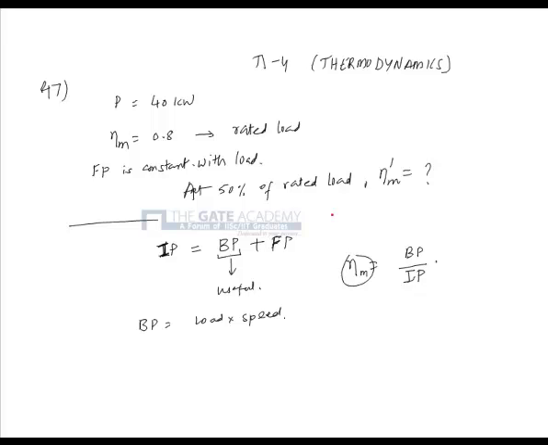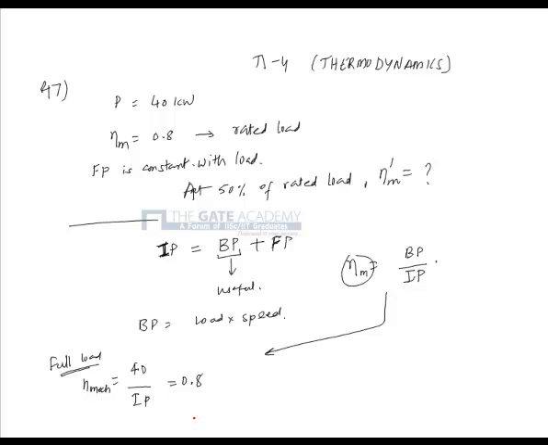Okay, now for the given power output, which is 40 kilowatt, I'm just using this equation: 40 kilowatt is my BP, which is given, and IP I don't know. Efficiency is 0.8, this is for the full rated load.